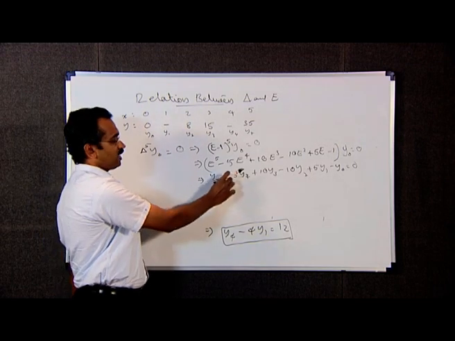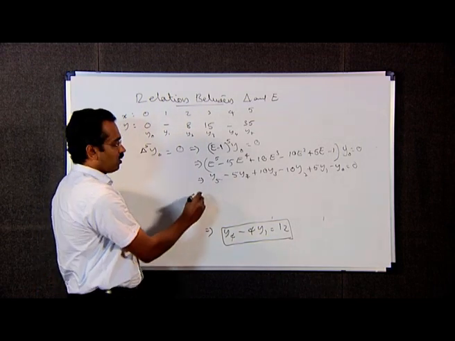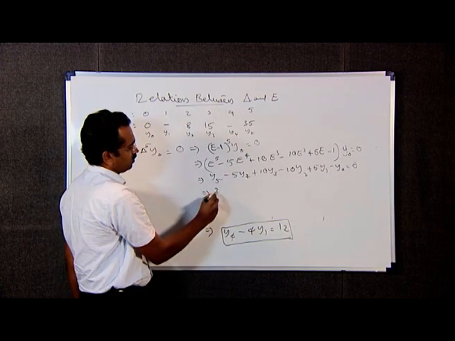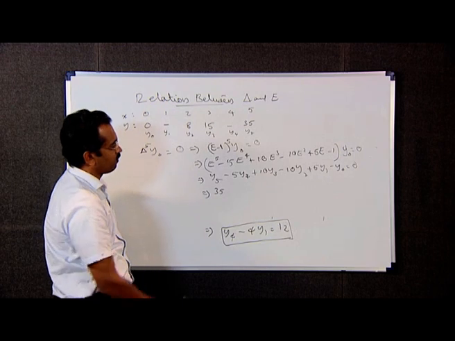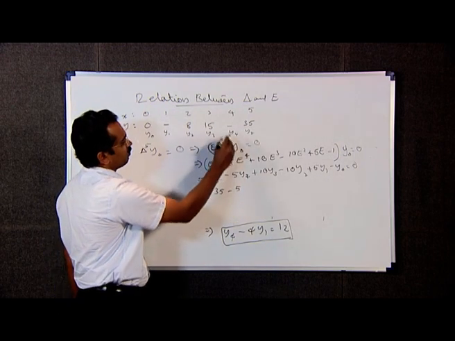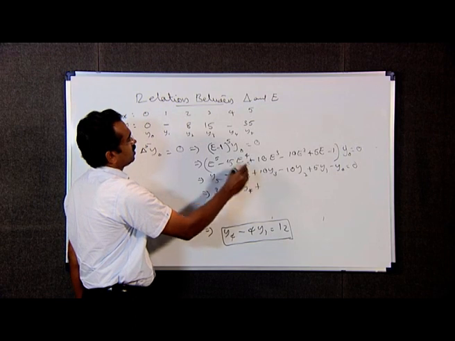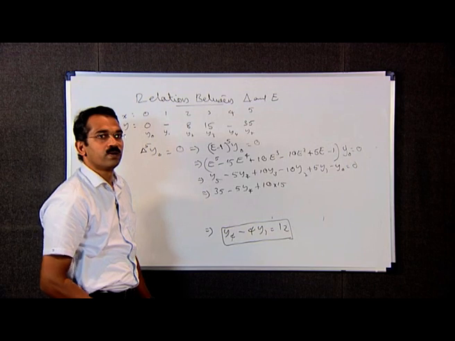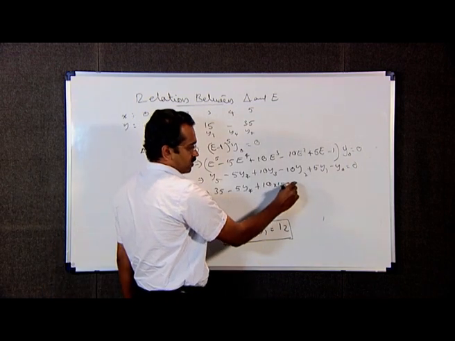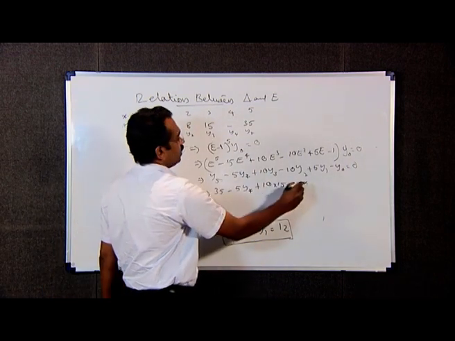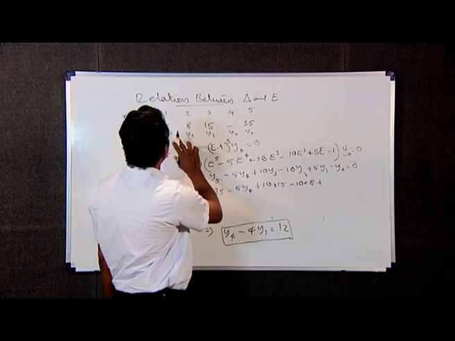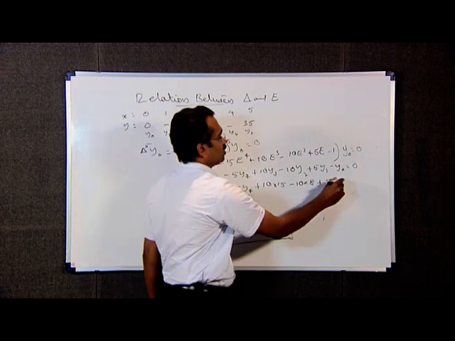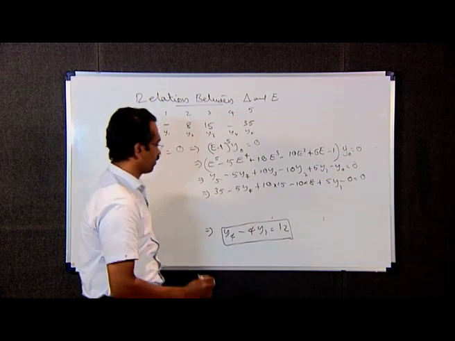Substituting the values of y, we get y5 is 35 minus 5 into y4, which is missing, plus 10 into y3, that is 10 into 15, minus 10 into y2, y2 is 8, plus 5 into y1, y1 is missing, minus y0 which is 0, equal to 0.